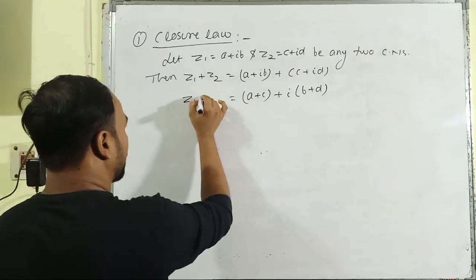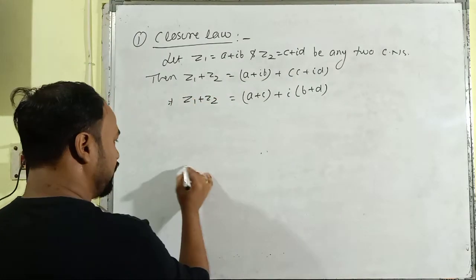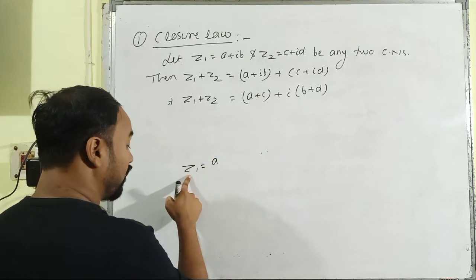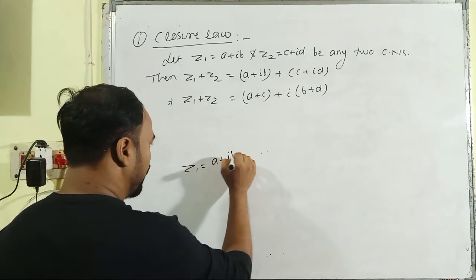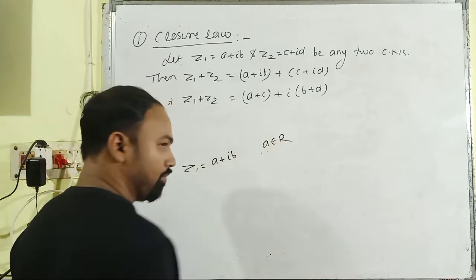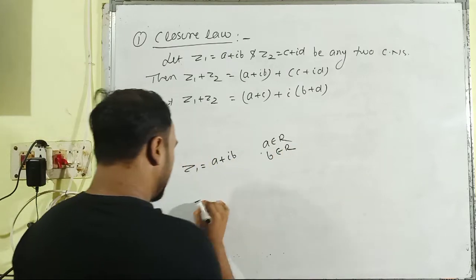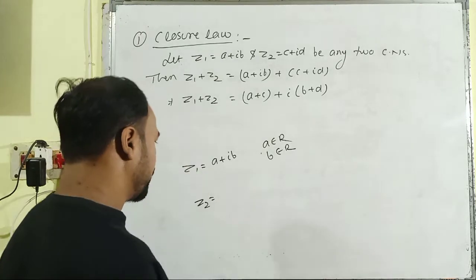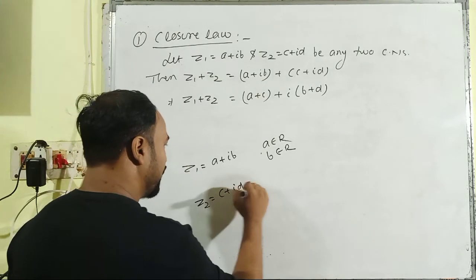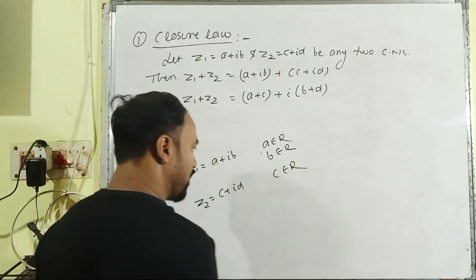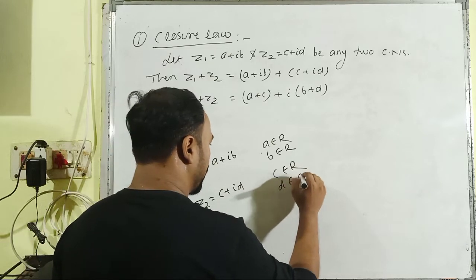You can see that in the complex number Z1, a belongs to the set of real numbers, a is a real number, and also b is a real number. Then in the second complex number Z2, that is c plus id, here again c belongs to the set of real numbers and also d belongs to the set of real numbers.